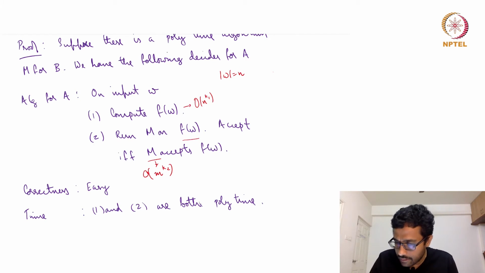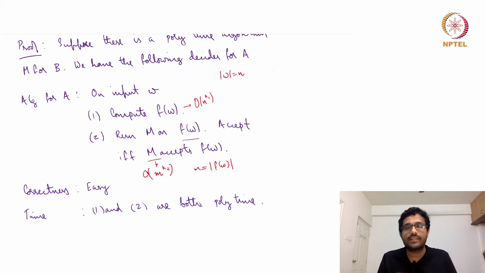So what is the length? Here m is the length of f of w, but what is the length of f of w? The reduction does not tell us the length of f of w. It only tells us how much time it takes. Well, if it takes 100 steps to write down f of w, then f of w cannot be longer than 100 symbols, because writing each symbol takes at least one time step.